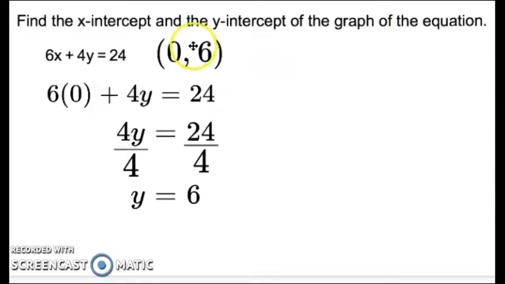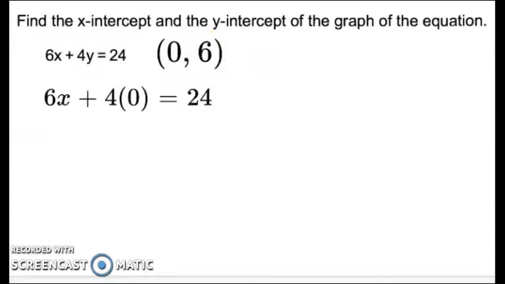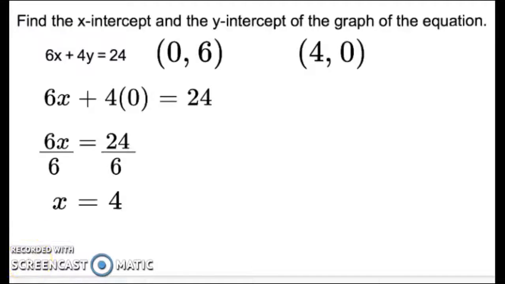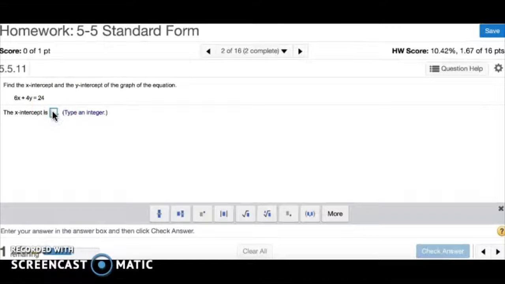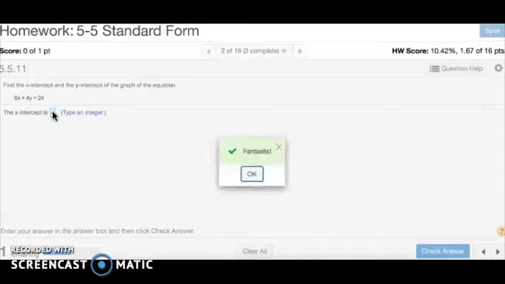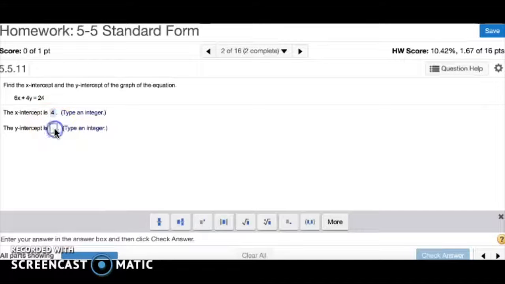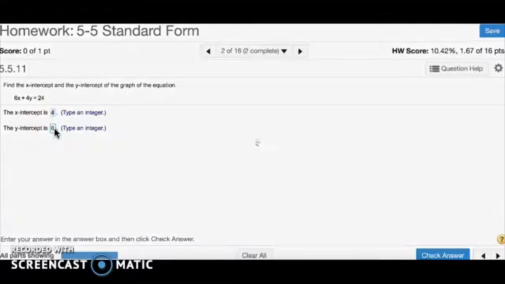So let's put that up there for the y-intercept of 6. Now the x-intercept, we make 0 go in for y. We'll have 6x equals 24, divide both sides by 6, and the x-intercept is 4. So let's put those in. So the x-intercept is 4, and the y-intercept is 6.